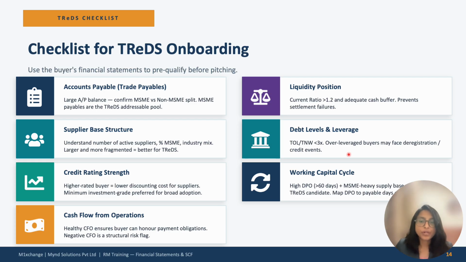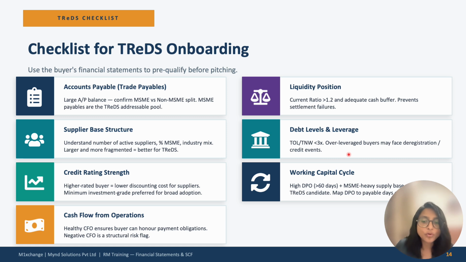Then your TOL by TNW is not more than say 3x or 3.5x, because an over-leveraged buyer may face a liquidity crunch, right? It might not be able to give back the payments.